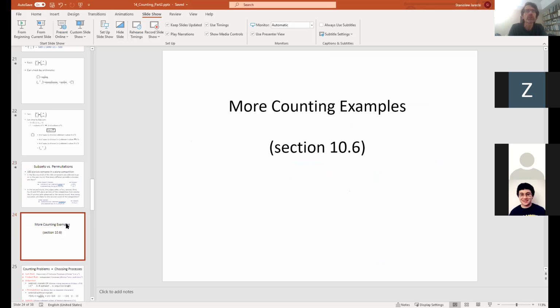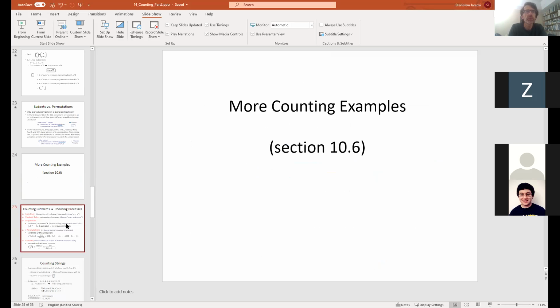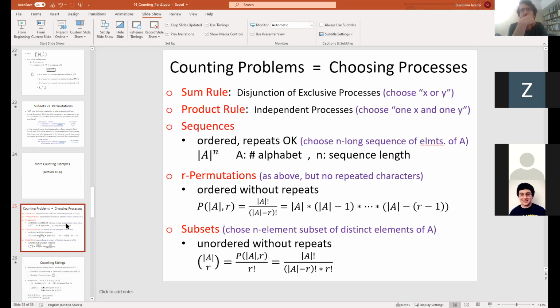Okay. So let's review where we are. If we have a process that says you choose either one type or another, and these two types are not intersecting, then in other words, it's two processes that are exclusive. So it's just a disjunction of them. It's either that or that. That's where you use the sum rule.